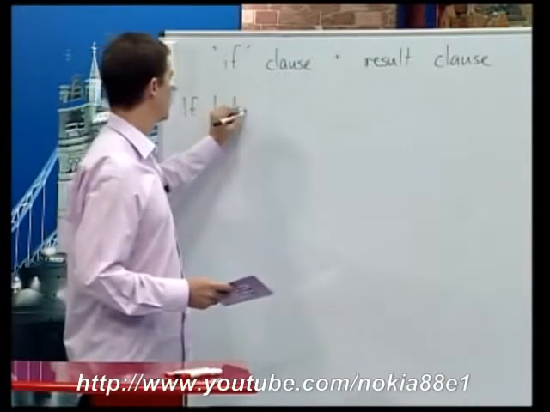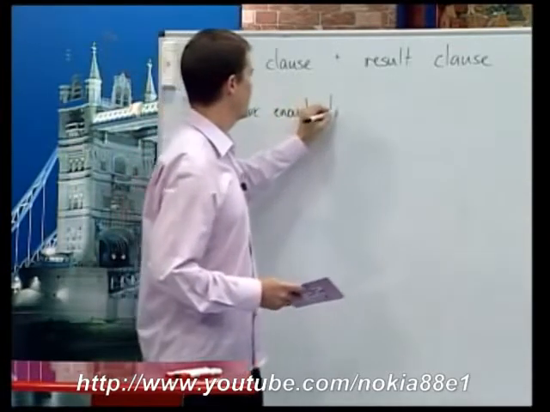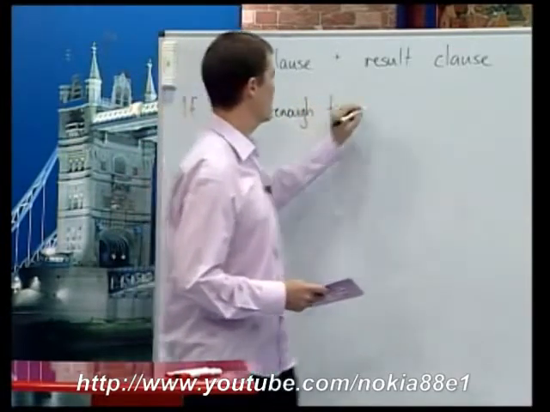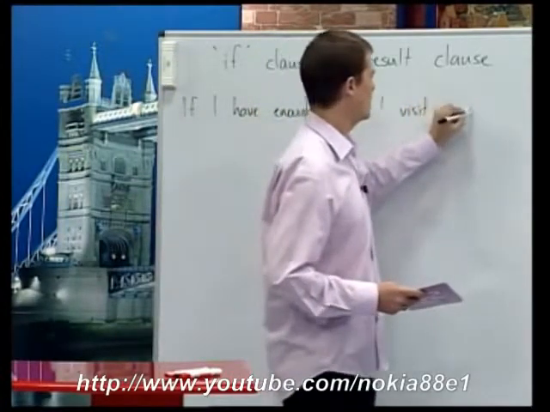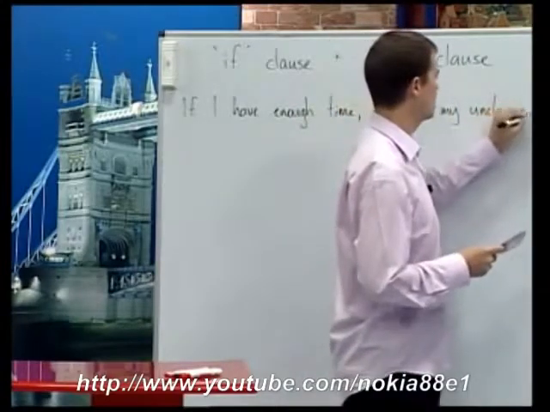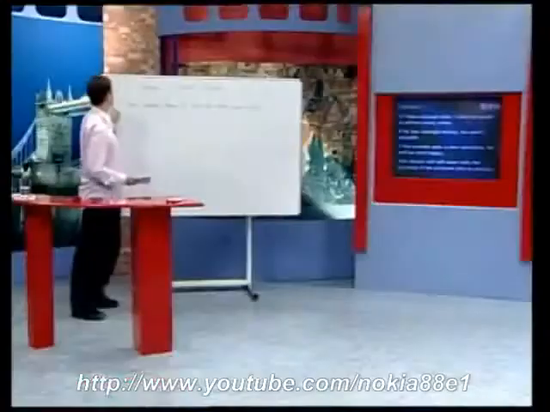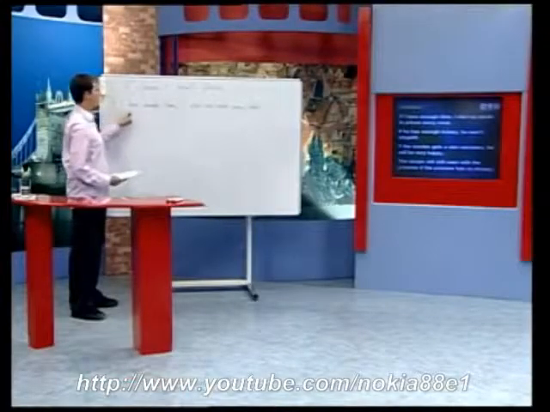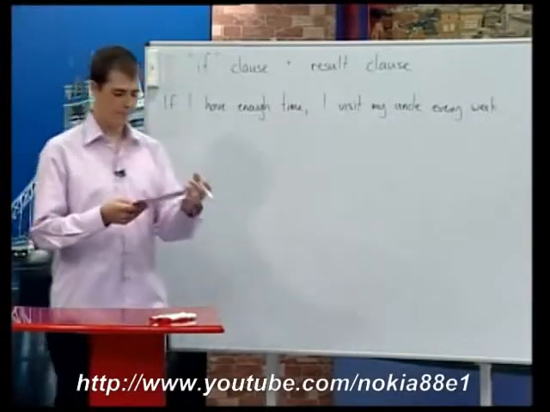If I have enough time, comma, I visit my uncle every week. Look at that again. If clause: if I have enough time. Result clause: I visit my uncle every week.